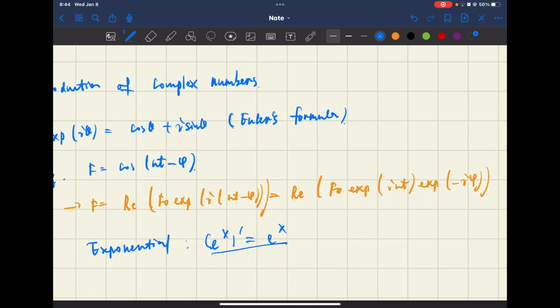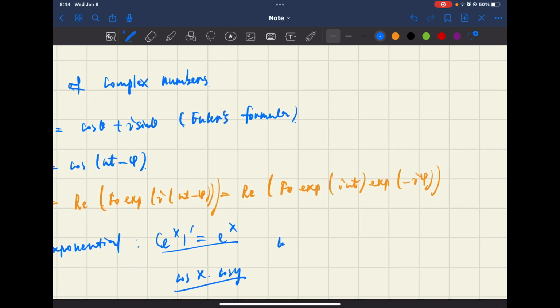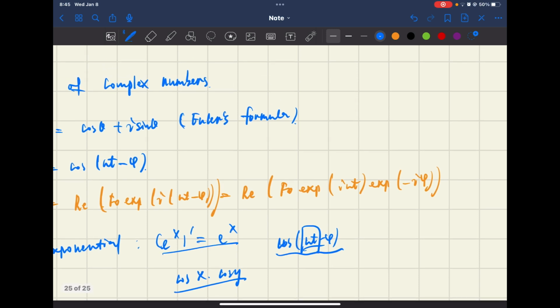Another advantage is that when we're doing multiplication, like cosine x times cosine y, it cannot be simplified easily. Also, if there's a phase shift like omega t minus phi, and we want to expand it because we want to isolate the omega t part, it's very complicated because it involves a lot of terms like this, right?